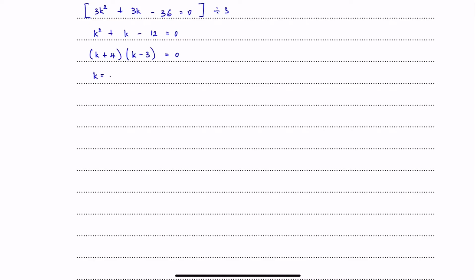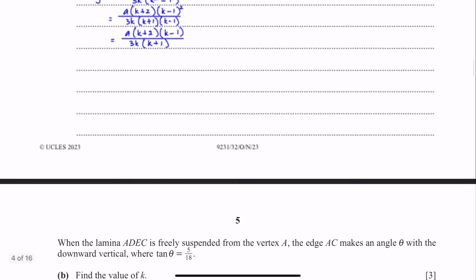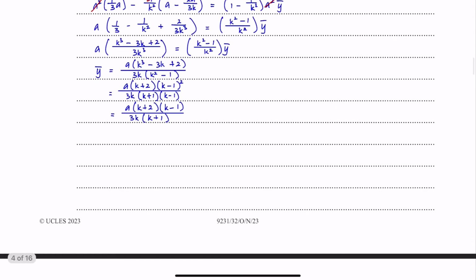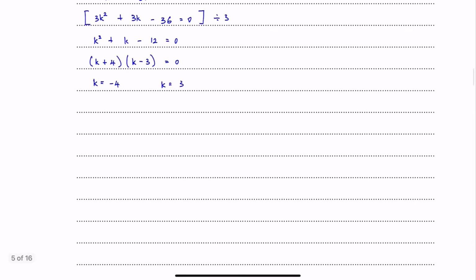So k is negative 4 and 3. But we know that k should be a positive value, so that the y bar here is a positive value. So we have to reject k equals negative 4, and k equals 3 would be the only answer.